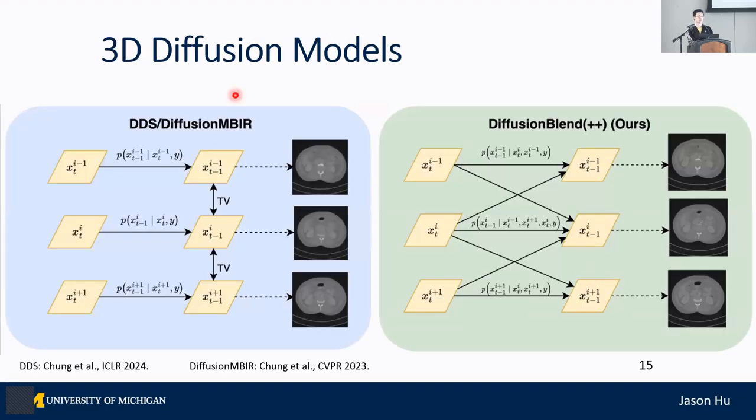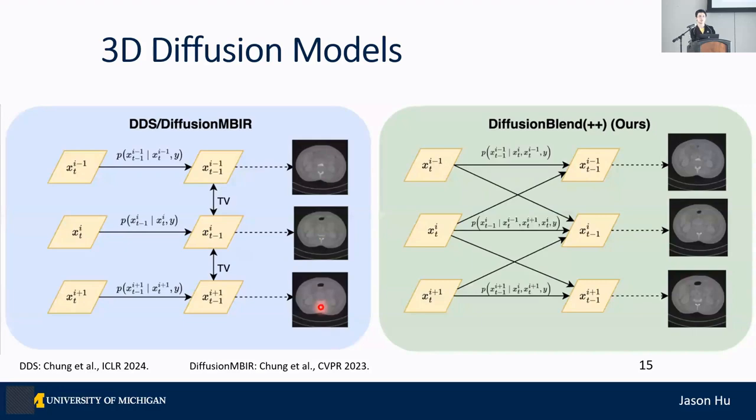All right, now I want to switch gears and go to 3D diffusion models, and this is the other work. And for 3D, it's an even harder problem because the volumes usually have size about 256 cubed, or maybe the third dimension is even larger for CT reconstruction. And previously in the literature, some approaches that people have done is this slice-by-slice training method, which is we break up a 3D volume into 2D slices, as so.